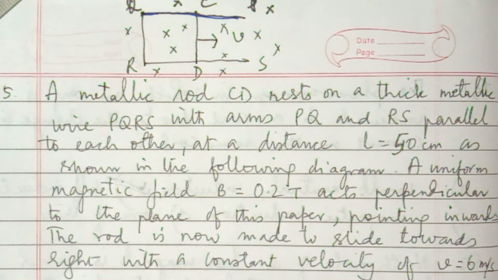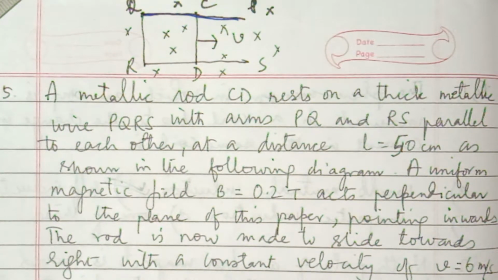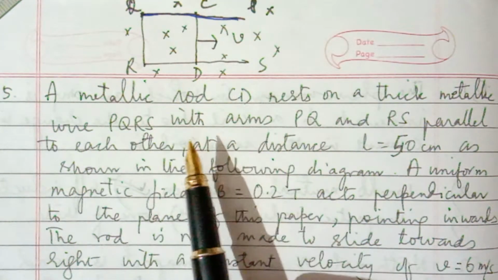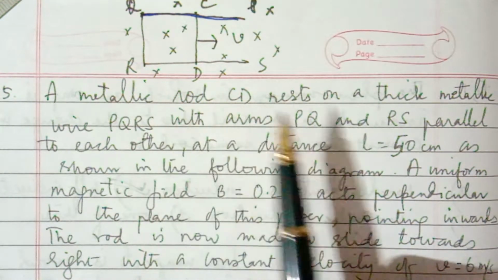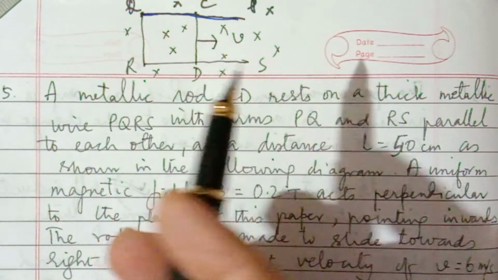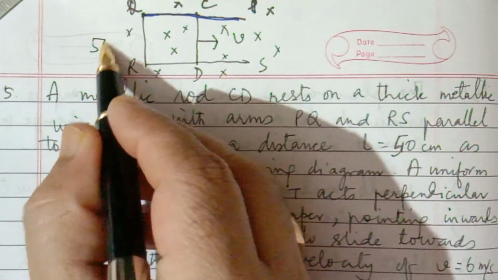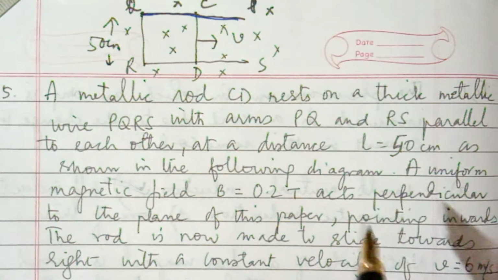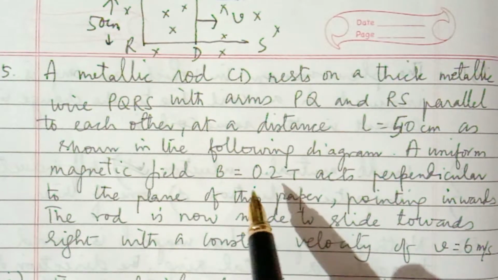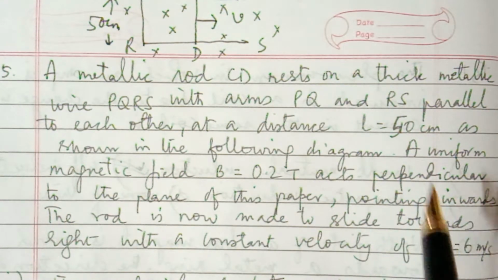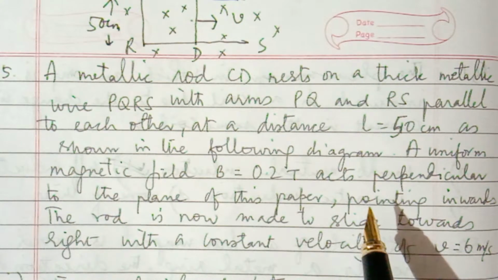Okay, we'll move to the next question. A metallic rod CD rests on a thick metallic wire PQRS, with arms PQ and RS parallel to each other at a distance L equal to 50 centimeter, and a uniform magnetic field B of 0.2 Tesla acts perpendicular to the plane of this paper, pointing inwards.